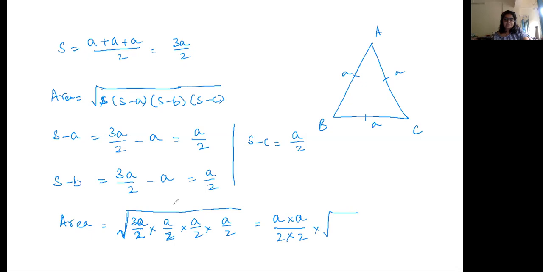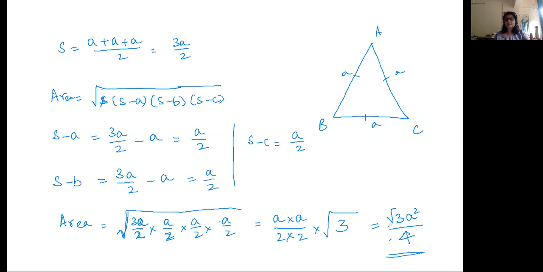Once you've dealt with the a's and the 2's, you've got just 3 in the bracket. So write it in a shorter way, you get root 3 a square by 2 into 2 is 4. So this is the formula of an equilateral triangle. You can note this also down in your book, you can use this formula directly.